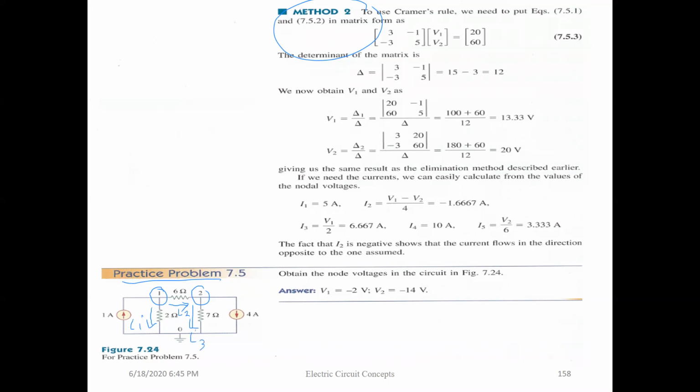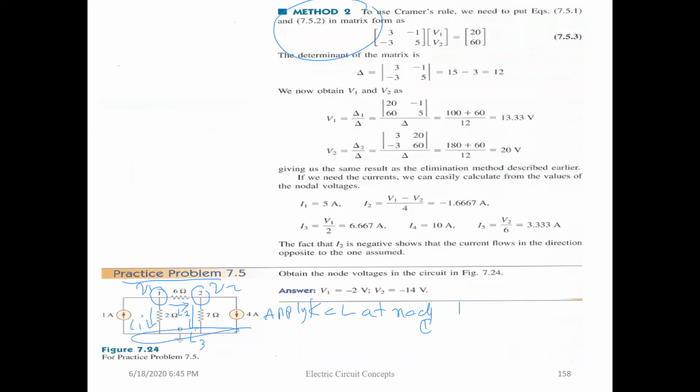Okay, now we need to apply KCL at node 1. Again, node 1 is V1 and node 2 is V2. This is the reference node.